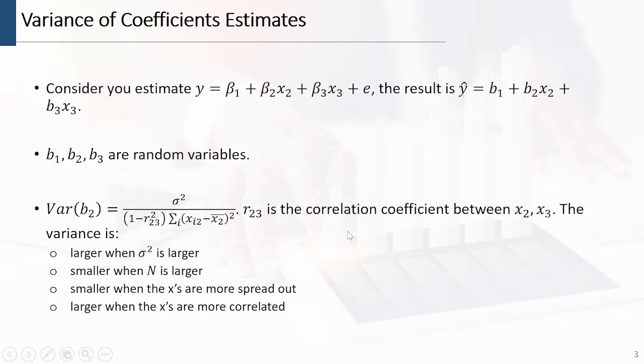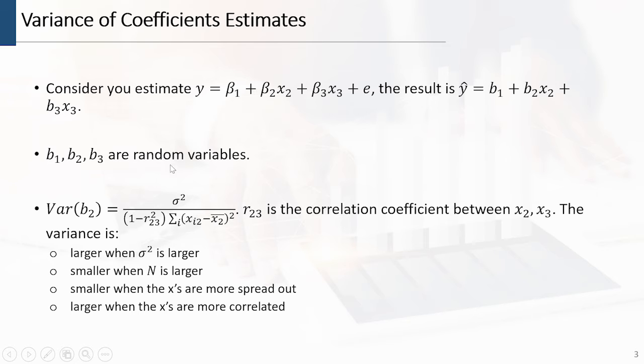Okay. All right. Consider when you estimate a multiple regression model. If the true model is y equals beta 1 plus beta 2 x2 plus beta 3 x3 plus e, and the result is y hat equals b1 plus b2 x2 plus b3 x3, then, the same as in simple regression models, b1, b2, and b3 are the estimators of the true parameters beta 1, beta 2, beta 3.